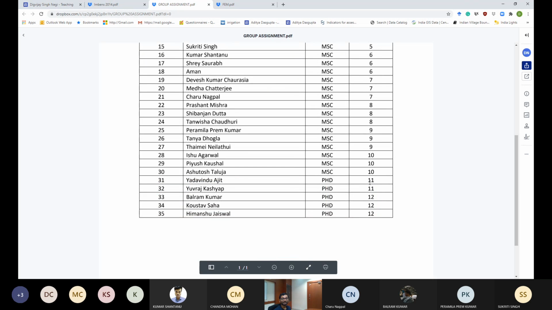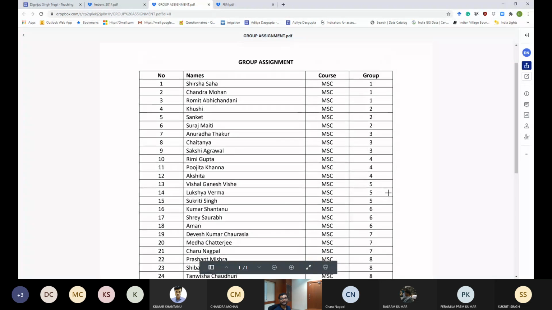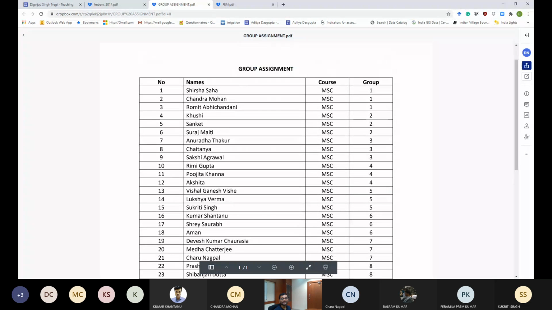So group 11 has just 2 members and then group 12 has 3. So there are in total 12 groups. All the assignments and everything you will be doing in groups. So you will just submit one document, one assignment, per group.